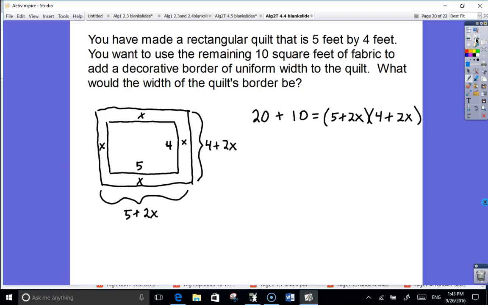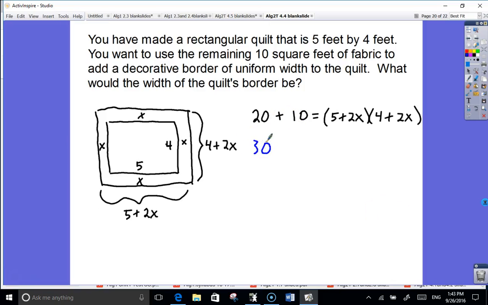So we have to make a little equation there. First, if you look at the picture, the inside dimensions of the quilt, as it exists, is 5 times 4. And we're going to add a strip going all the way around the outside, which has an area of 10, because that's how much fabric you've got. So we know that the total area is 20 plus 10, 30.